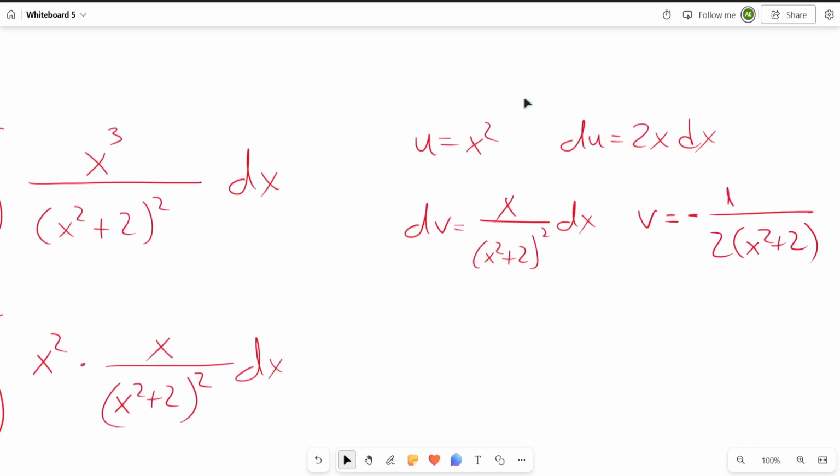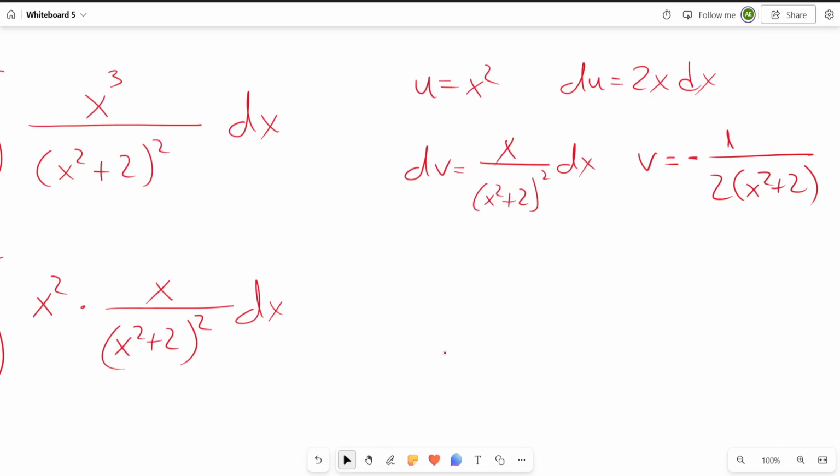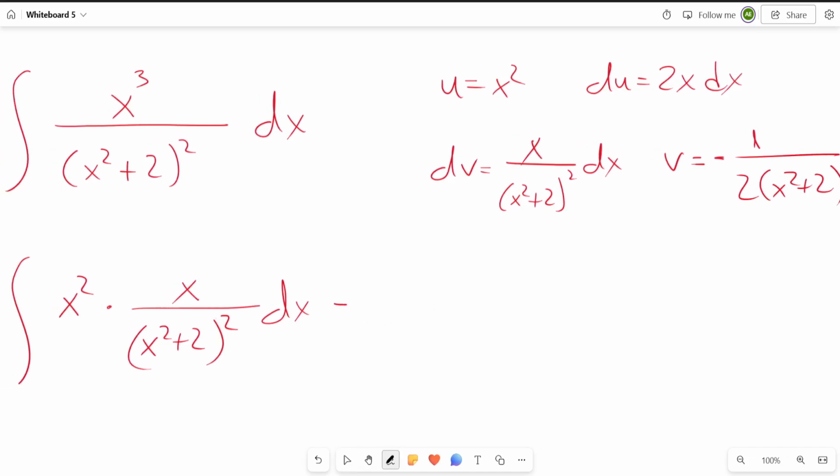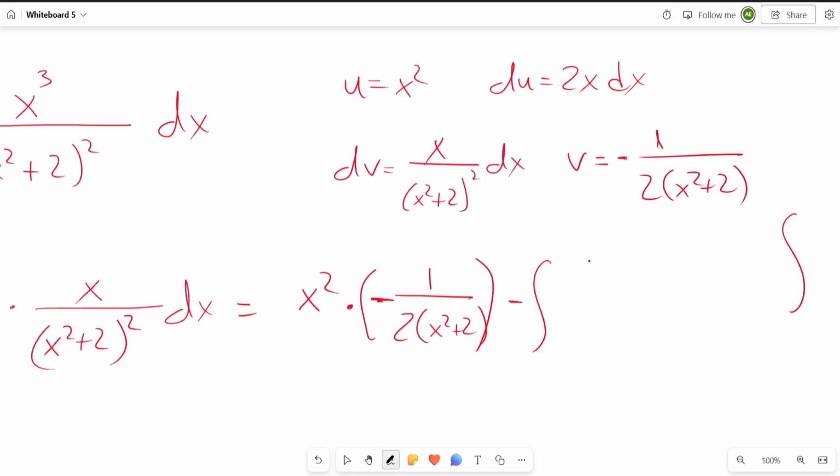Okay, so now getting back to our integration by parts, the integration by parts formula is equal to uv. So u is x squared multiplying v, which is negative 1 over 2 times x squared plus 2. And then minus the integration of v du.